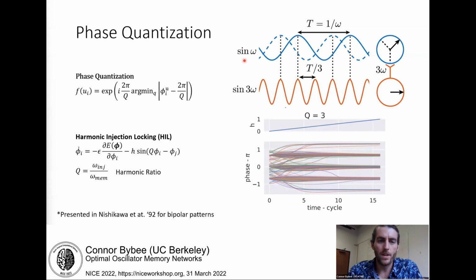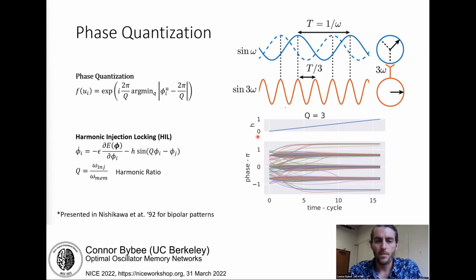So given a memory network oscillating at some frequency omega, we can inject a signal at some harmonic frequency here, 3 omega. And we see that of the 3 possible allowed states, this corresponds to a phase aligning of the modes of the fundamental with the harmonic. And the figure on the bottom demonstrates this network for our Q-state phasor associative memory.